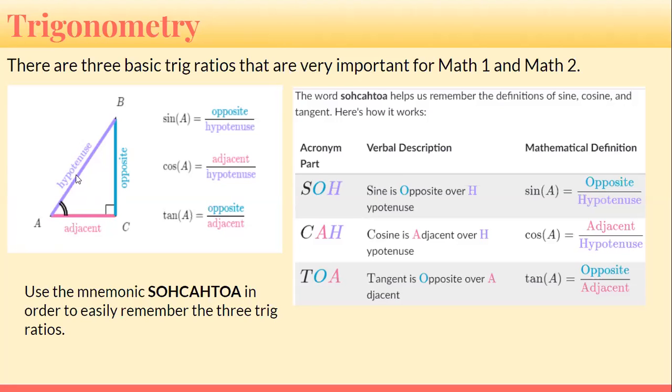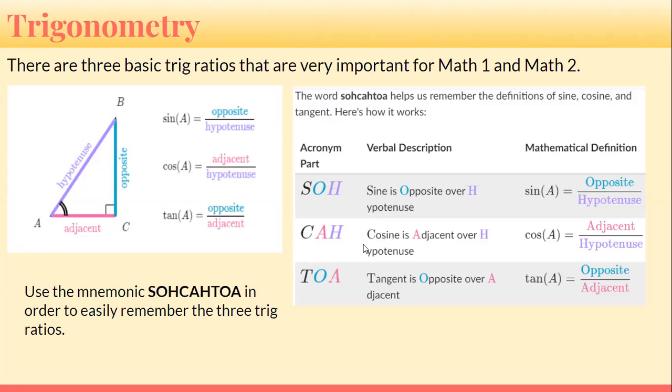And then tangent is opposite over the adjacent. So you might have heard of this acronym, SOHCAHTOA. This is an easy way to remember. Sine is opposite over hypotenuse, CAH, cosine is adjacent over hypotenuse, and TOA, tangent is opposite over the adjacent.